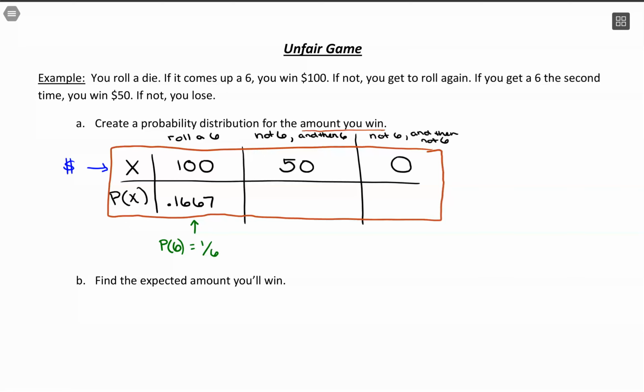All right, for our second case, we want the probability of not a 6 and then a 6. From a few weeks ago, when we work with "and then" in probability, it's multiplication. We just need to make sure we have independence here, which rolling a die is.